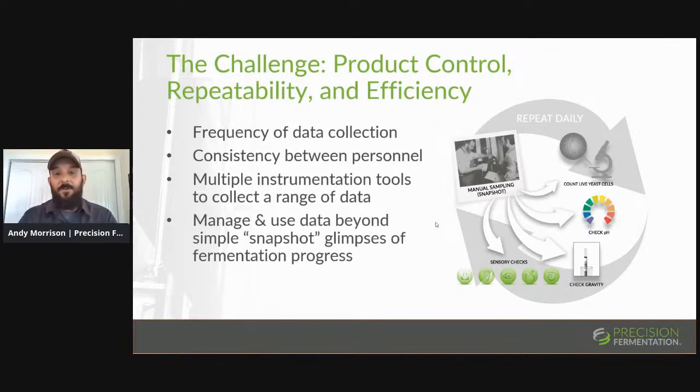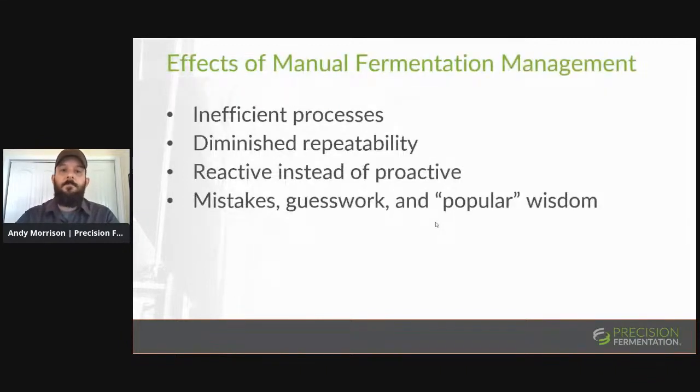And that's another layer of time and personnel that it takes, time and labor. So what that does is give you an inefficient process that sometimes gets skipped or corners are cut, right?